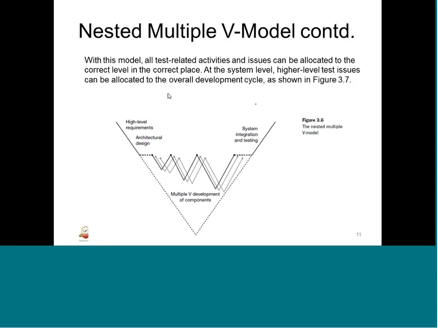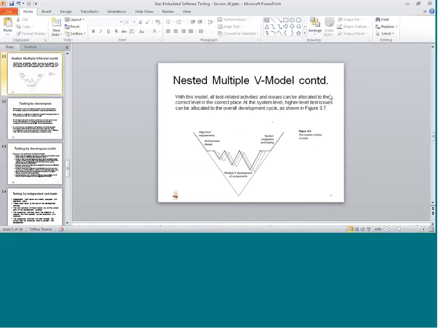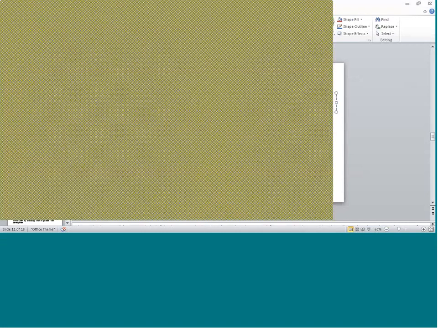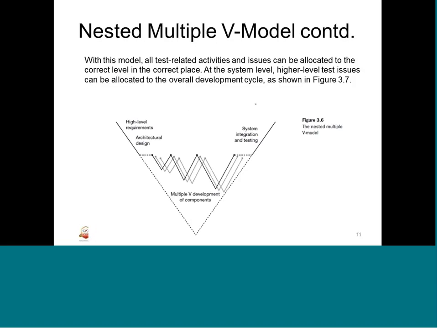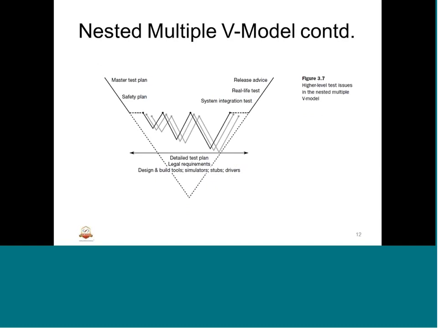There is one more figure 3.7, I think. We have seen parallel development in terms of V model, component 1, 2, 3, etc. When it comes to nested multiple V model, at system level, test related activities can be allocated to the correct level.